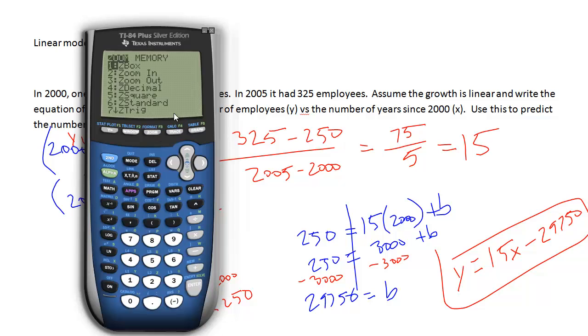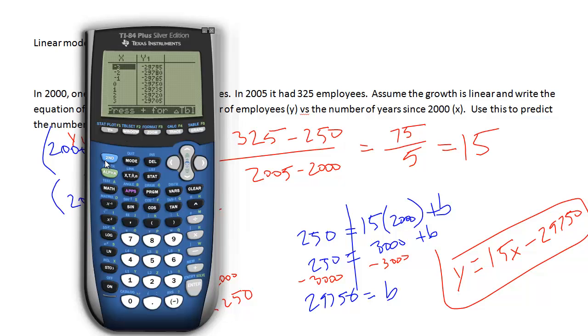So I can say zoom, and I can try to make it fit. And there we go. So I see the intercept way down here. Easiest way to find these is going to be to look at your table. But if you go directly to your table and you haven't adjusted your graph, you're going to see probably somewhere around 0 for the center, unless somebody's messed with it.